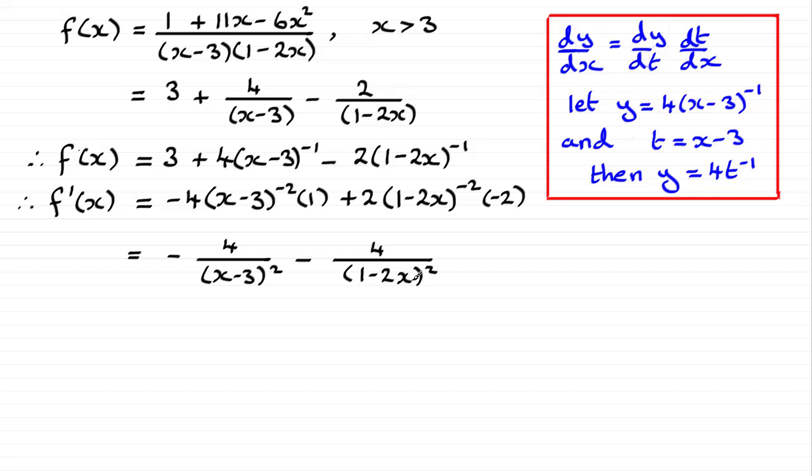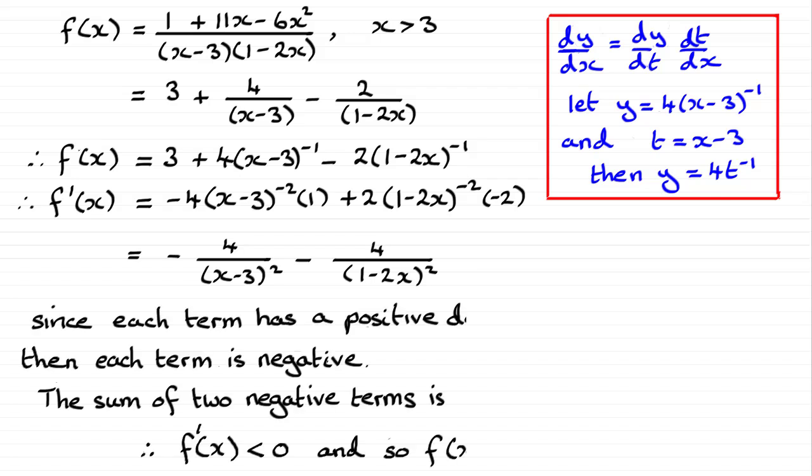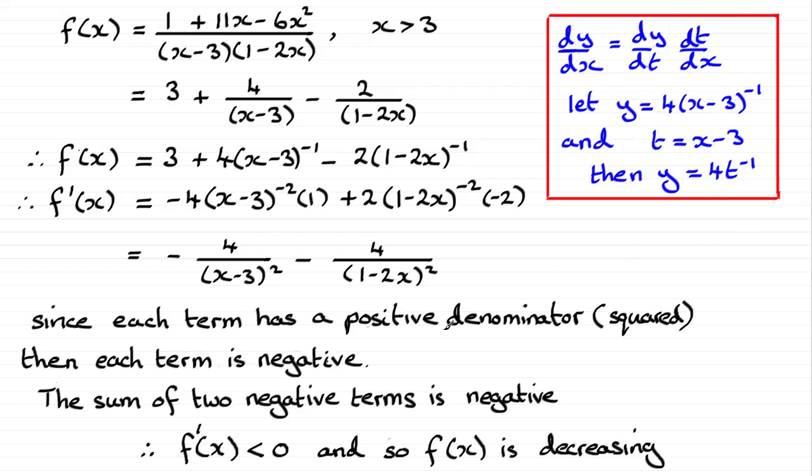This is going to be a negative term. So in conclusion then, since each term has a positive denominator, it's squared, each term here is going to be negative. And so the sum of two negative terms is going to be negative. So therefore, f dash x, that first differential of f of x, is going to be a negative value, less than 0. And so f of x is decreasing.